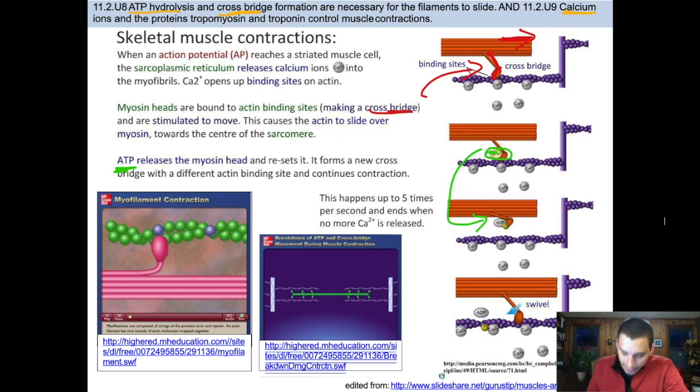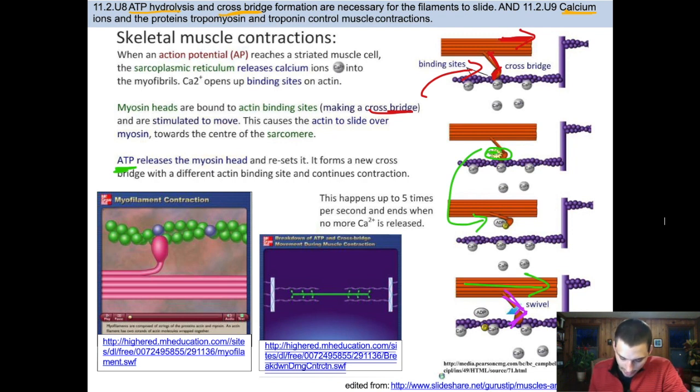And so once that has happened, then the myosin head is free to attach to a new spot on the actin, and it continues kind of crawling along the actin and forcing that myosin to go closer to the Z line. And so this happens on both ends of the sarcomere.